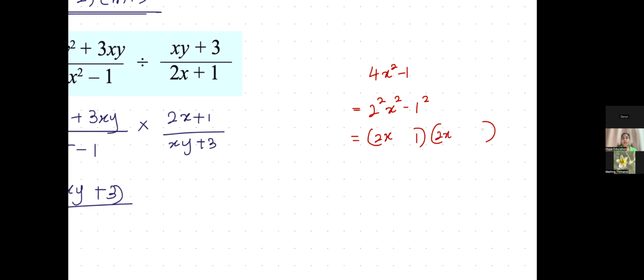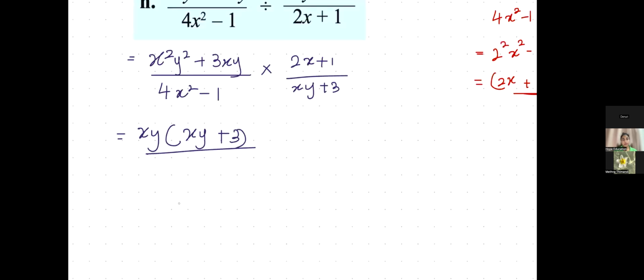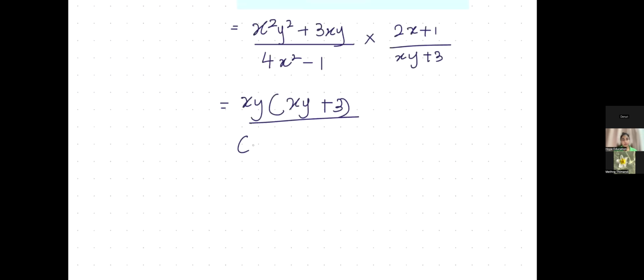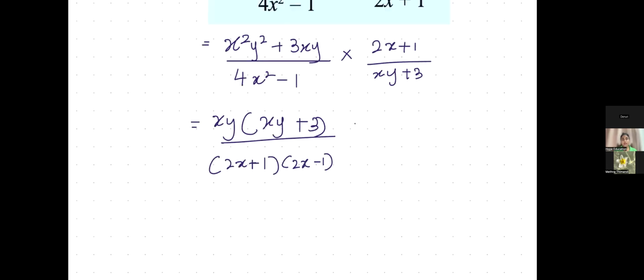Here I put plus, here I put minus. 2x plus 1, 2x minus 1. Here it's just 2x plus 1 and here it's just xy plus 3.